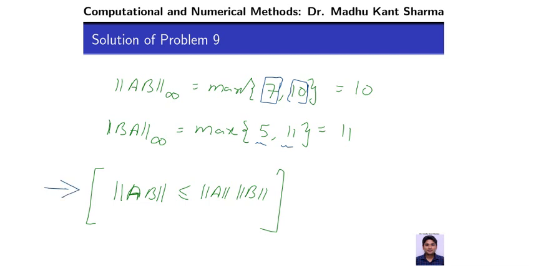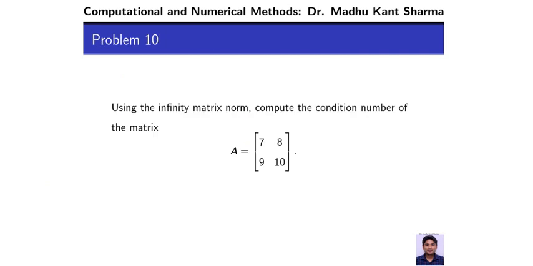So you require to find it using the infinity matrix norm. So we are going to denote by K infinity of A, that's equal to norm A infinity times norm A inverse infinity.